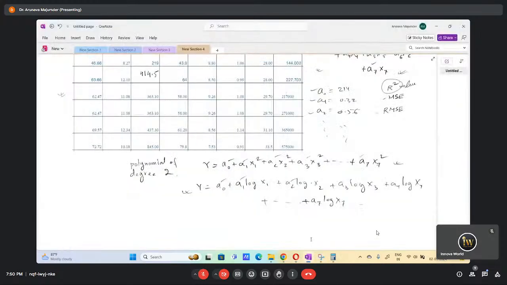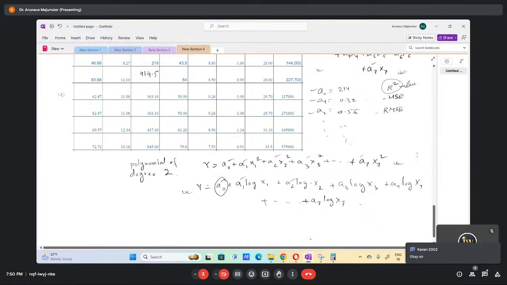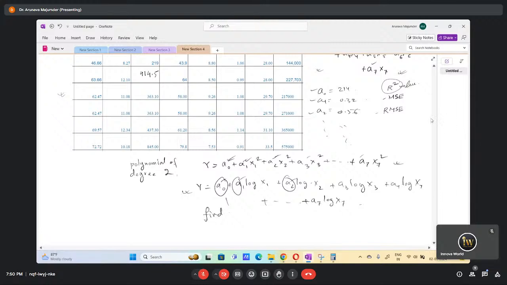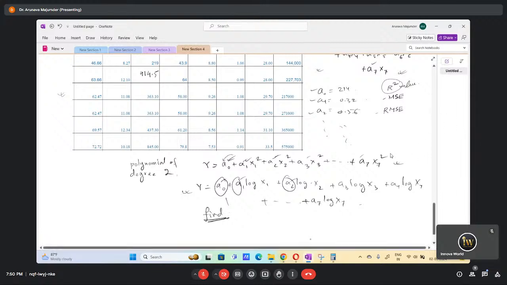We need to identify these values A0, A1, A2 and the others. Basically we need to find them. We are not putting the values of A0 or A1 randomly.